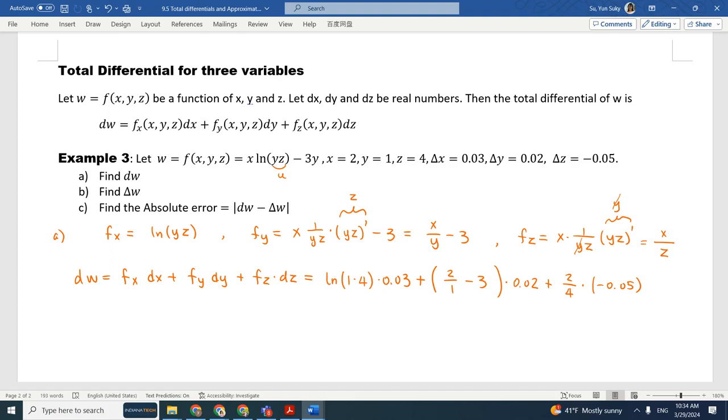So you get ln 4 times 0.03, and then 2 minus 3 is -1, and then 2 over 4 is 1/2. So it's 1/2 times 0.05. Okay, you can simplify it. Then plug in your calculator. What do you get?